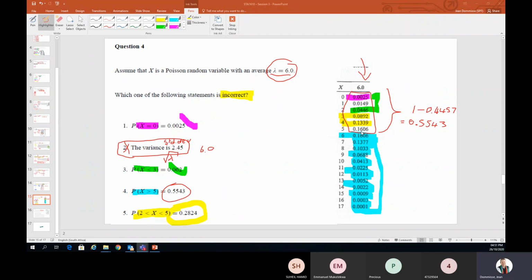Even if I add that, it doesn't get to it. Even if I add that, it is still... So let's just add the 0.0149. Okay, so that one should be nearly bigger than 0. Okay, so this one is actually also wrong.